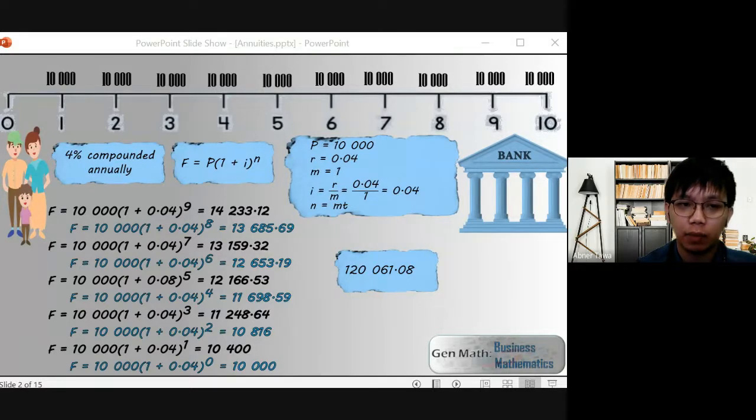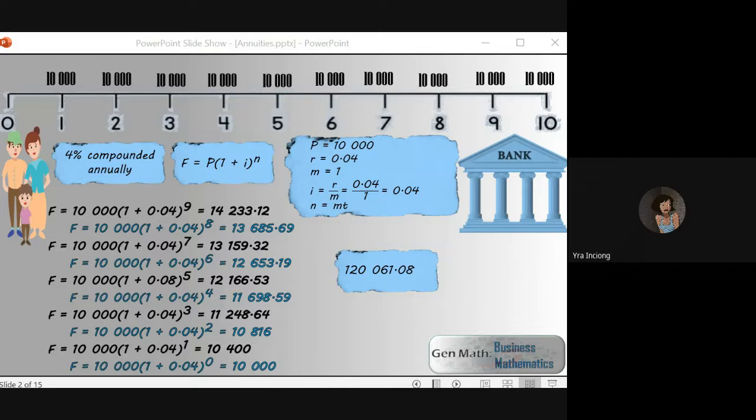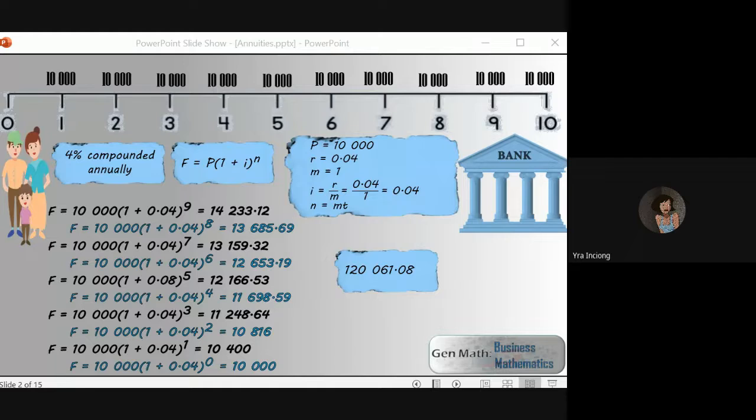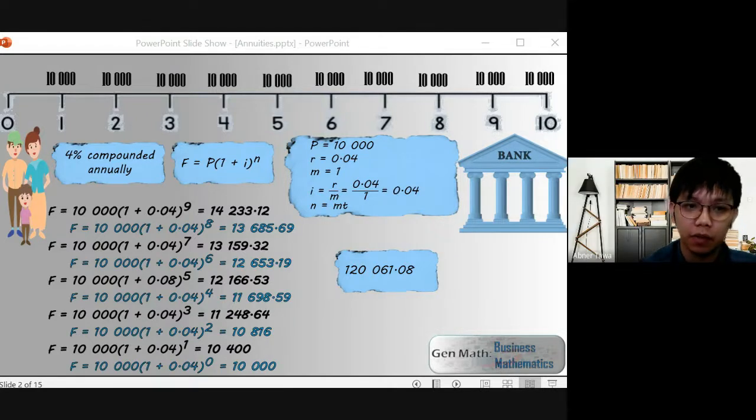It's an equal payment, the same payment each given period or payment interval. How about Ira? Long-term investment po, like given by the insurance company or the bank. Okay. Yes, it could be a long-term investment.